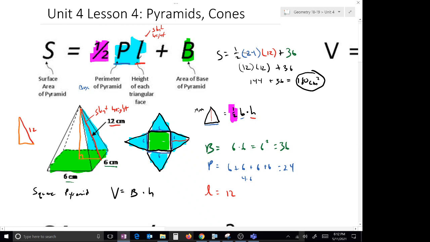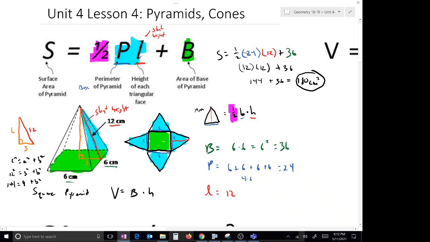Now, all the way across our base is 6, so that means that this half part is 3. So we've got 2 parts of a right triangle, so now we can use Pythagorean theorem to find the actual height here. Pythagorean theorem: c squared equals a squared plus b squared. We already know c is 12, so that's going to be 12 squared. a squared is going to be 3 squared, and then we're going to try and find b squared. That's 144 equal to 9 plus b squared.